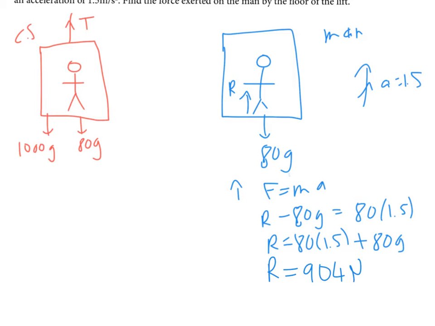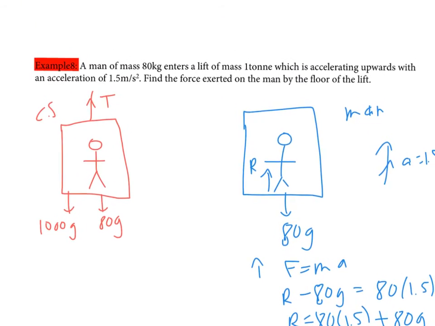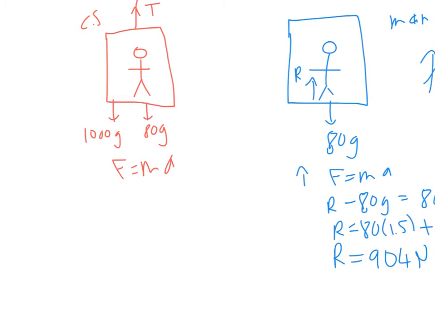Okay, now the question doesn't ask it, but I'll put it in here anyway. If it asked to find out the tension that causes it to accelerate, it would be looking at the complete system, and it's accelerating, so you'd have F equals ma, and then your net force is going upwards, so what causes it to go upwards?